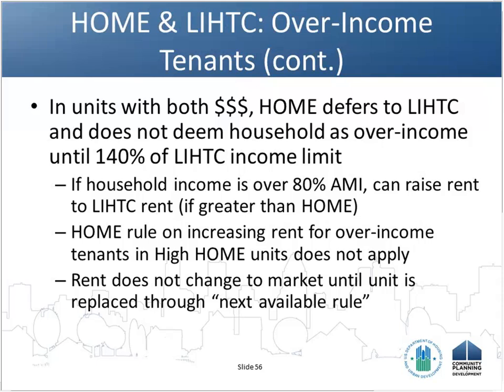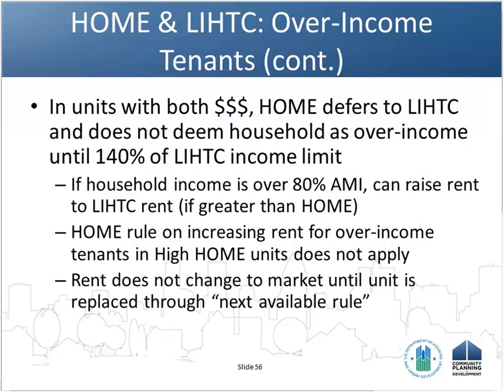Now, we do know, and we've talked about having to follow the more restrictive, when we look at rent levels, we would be comparing for that unit HOME and tax credits and keeping it to the more restrictive. In the case where they've gone over the HOME income, but they have yet to trigger with tax credits having gone over the 140%, we can raise the rent up to the tax credit rent if it is greater than the HOME rent.